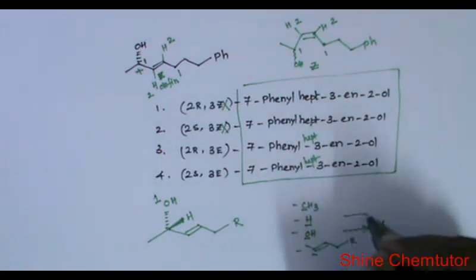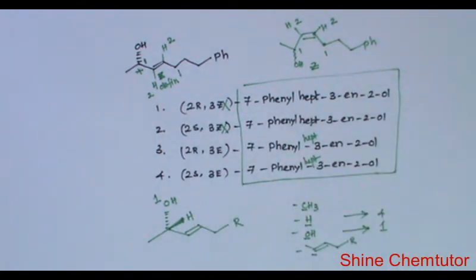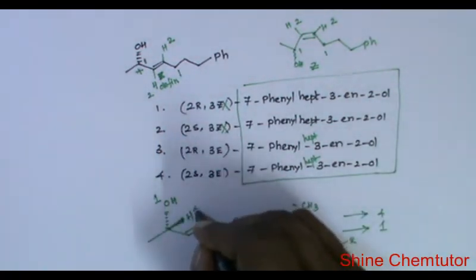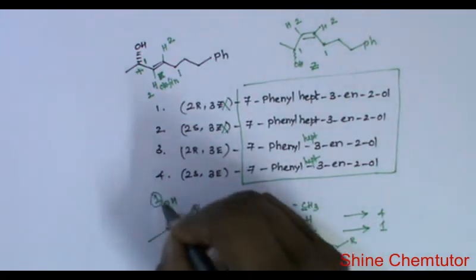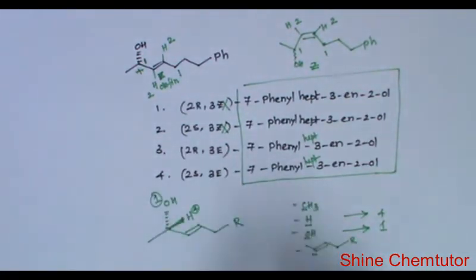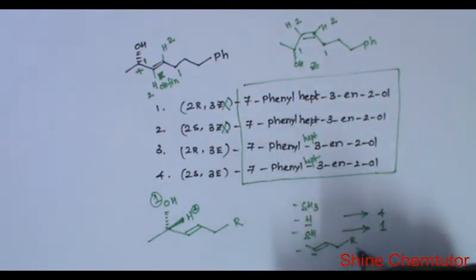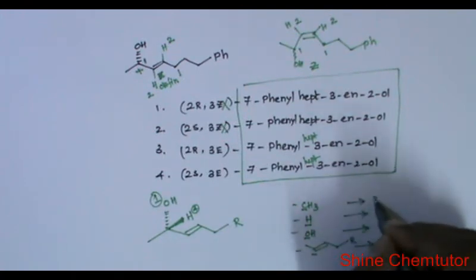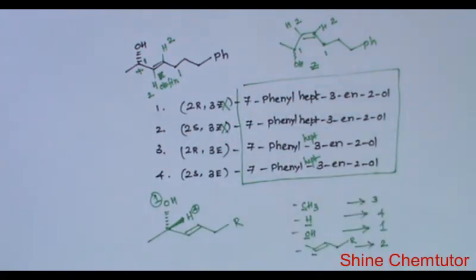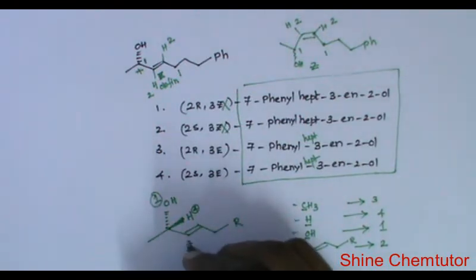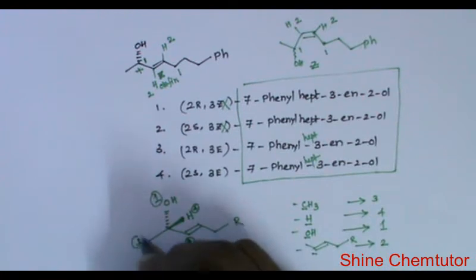Generally hydrogen gets the least priority, so I give hydrogen priority number 4. Now we have CH3 and this alkene. It is obvious this group should get higher priority, that is 2, and this should get 3. So this is 2 and this is 3.